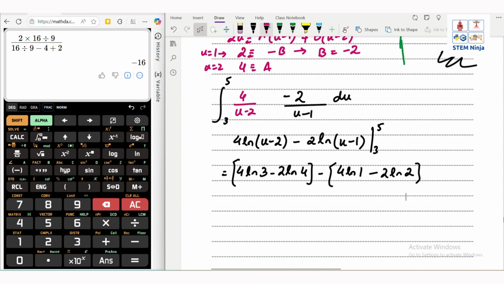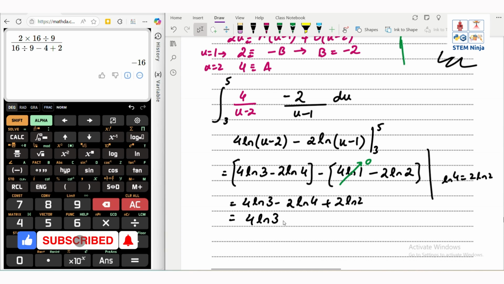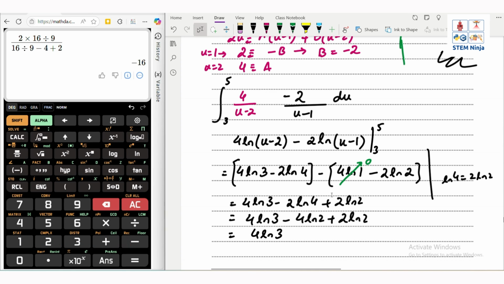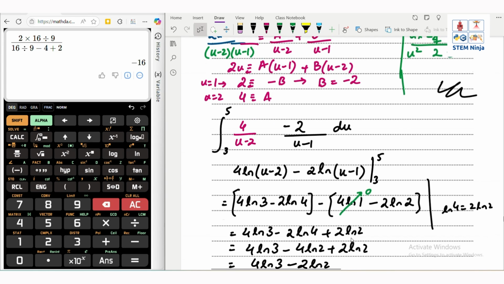So ln 1 is 0, so this term will go out. So you have 4 ln 3 minus 2 ln 4 plus 2 ln 2. ln 4 can be represented as 2 ln 2 also. So this can be written as 4 ln 3 minus 4 ln 2 plus 2 ln 2, which is 4 ln 3 minus 2 ln 2.